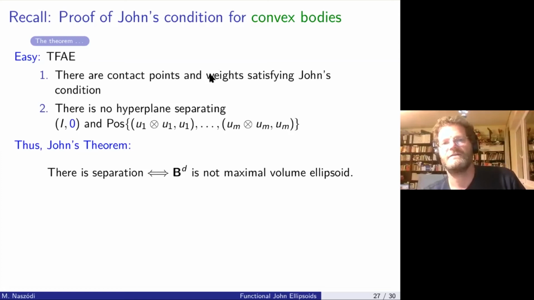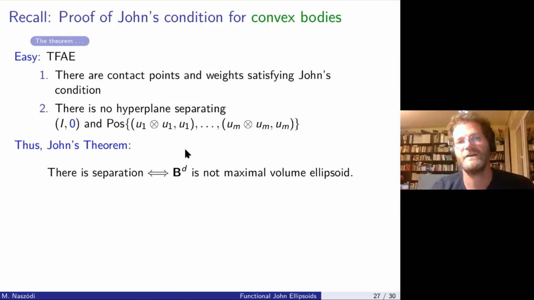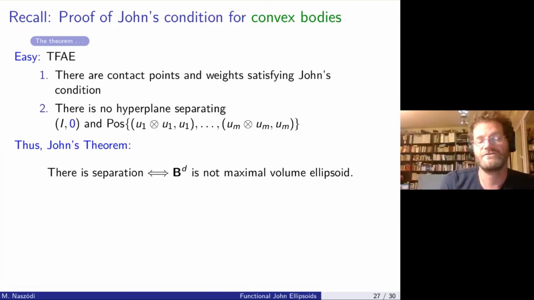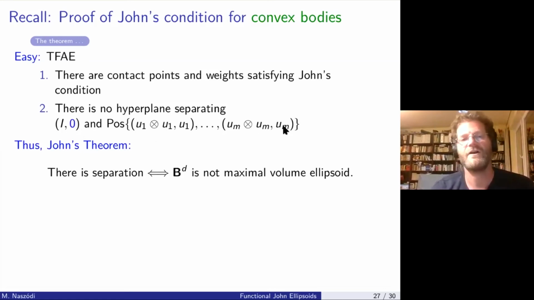And then something is in the positive hull or not in the positive hull if there is a separating hyperplane. It's a positive cone, and if this one point I_0 is separated by a hyperplane from all those points, then it's not in there. And so John's theorem could be rephrased this way: I_0 is separated from all these matrices, these are not really matrices, matrix-vector pairs, if and only if the ball is not the maximum volume ellipsoid.